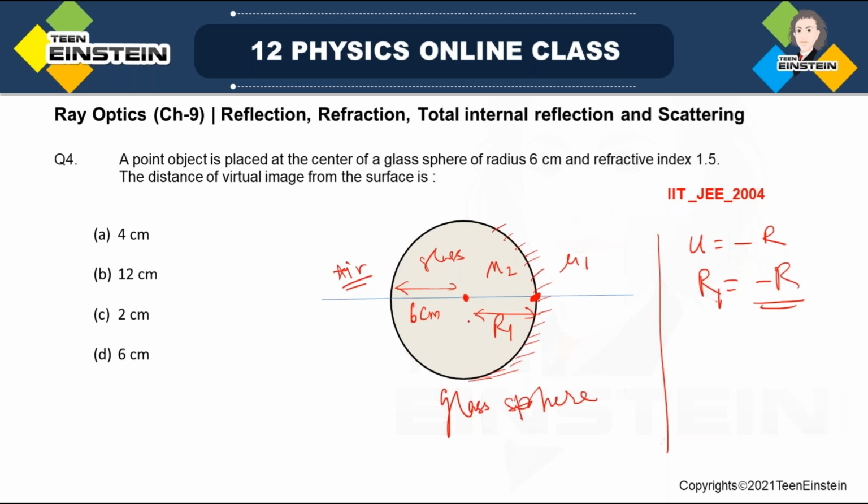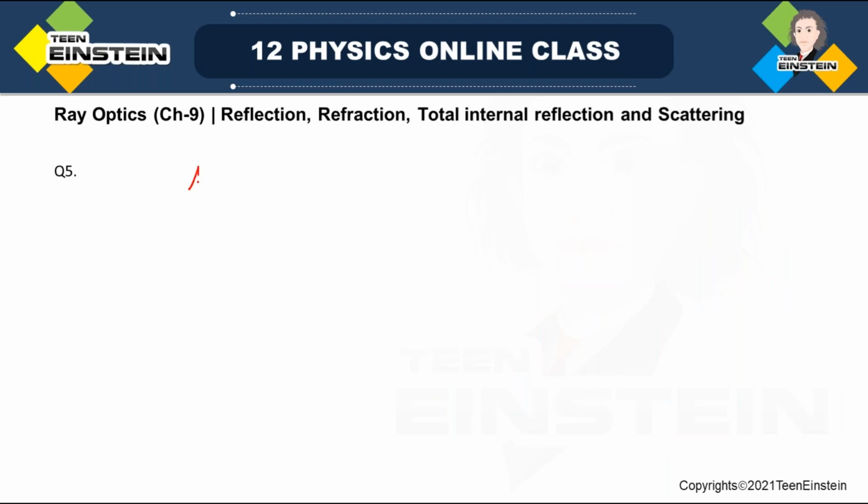Now if we write the formula at the curved surface, for refraction we write mu2 by v minus mu1 by u equals mu2 minus mu1 by r. Now if we put the values of r, u and v, some refractive indices we know.